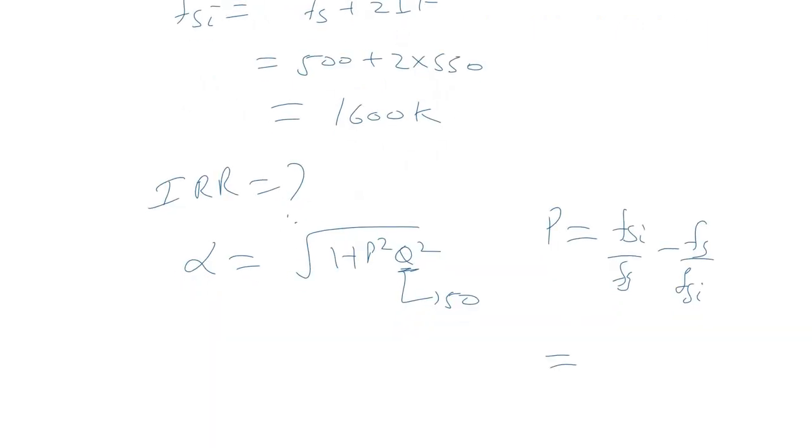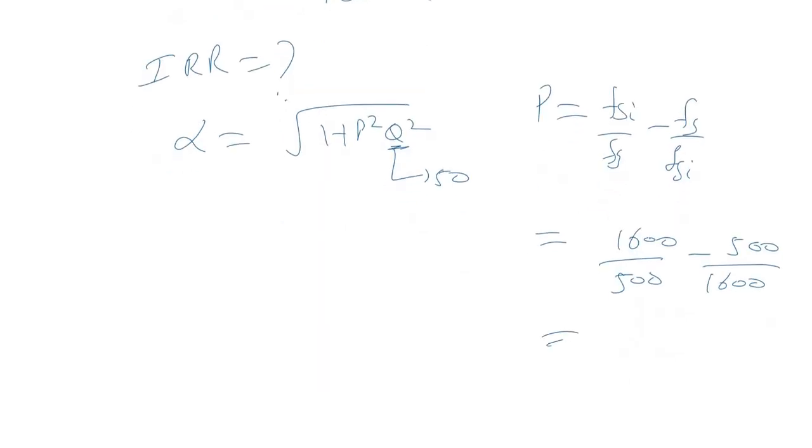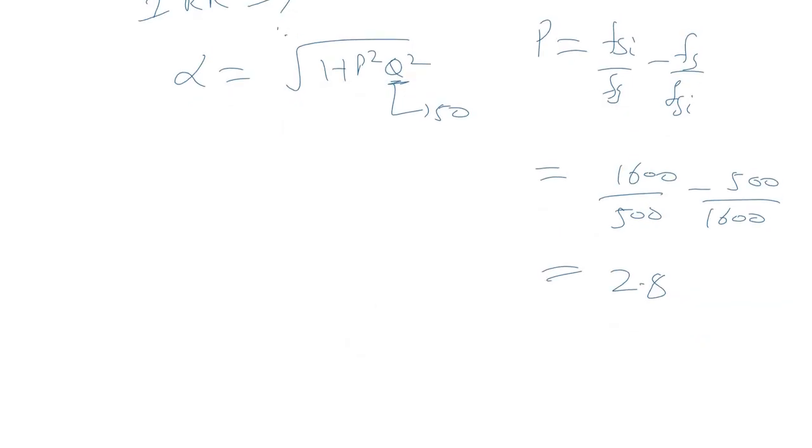The image signal frequency is 1600 divided by Fs, which is 500, minus 500 by 1600, and if you simplify it, it comes out to be 2.8. If you substitute the values of 2.8 and Q in this expression, alpha comes out to be 144.3.